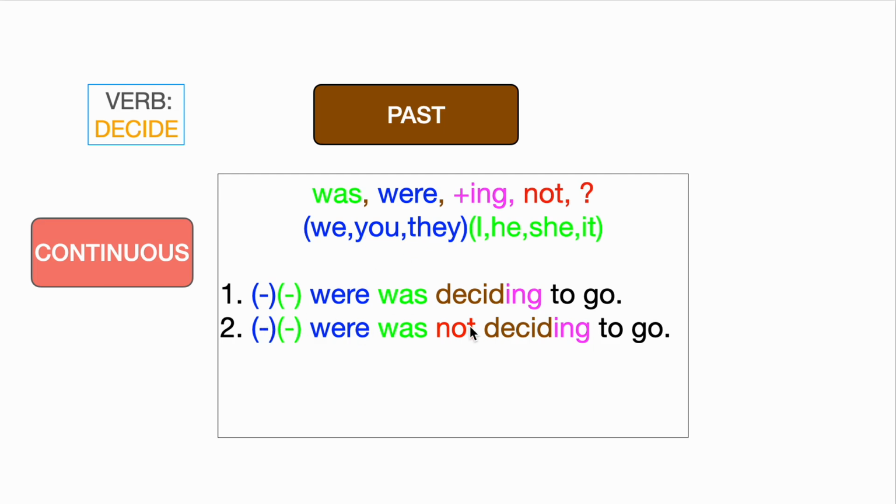They were not deciding to go, but he was not deciding to go. And then a question, was and were helping verbs come first. Were you deciding to go? Was I deciding to go?